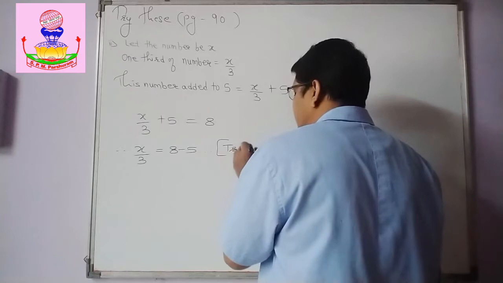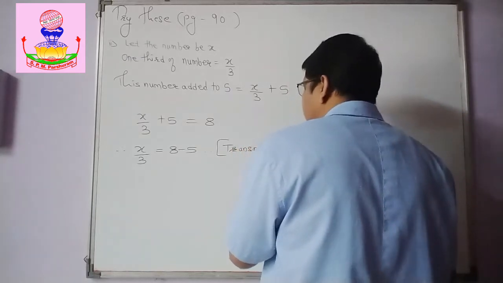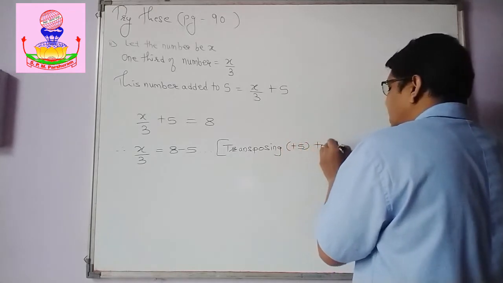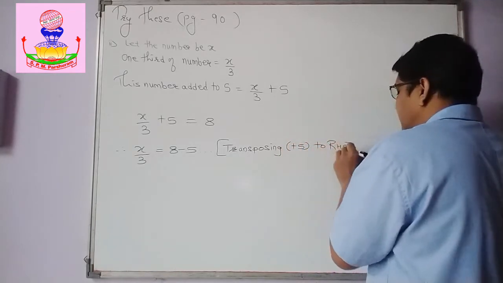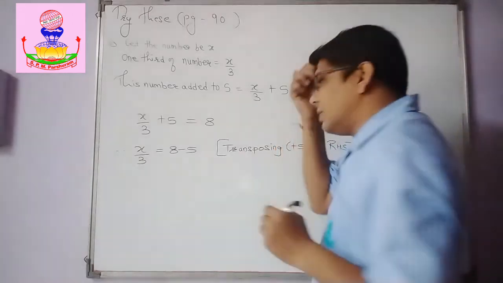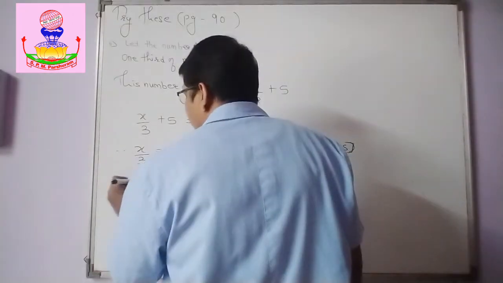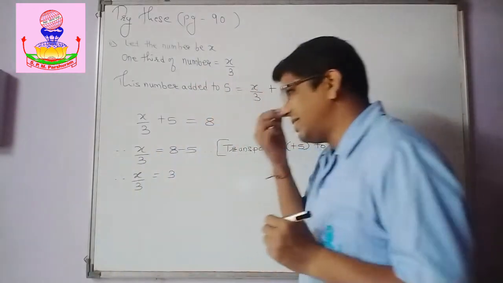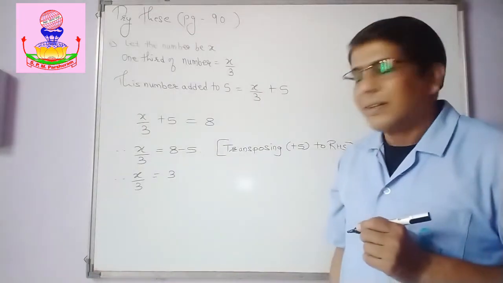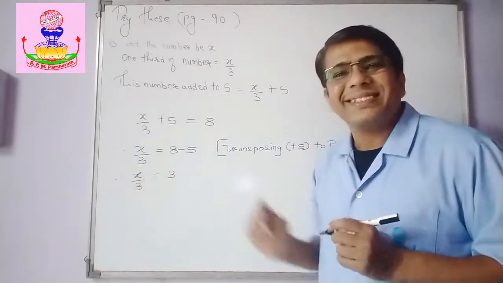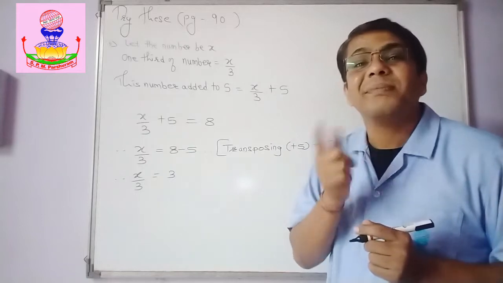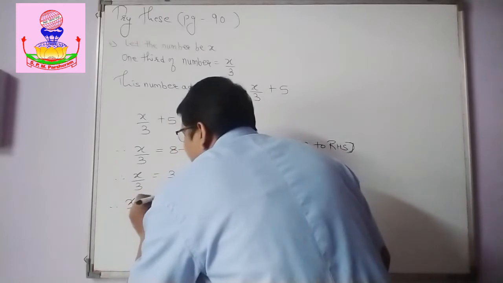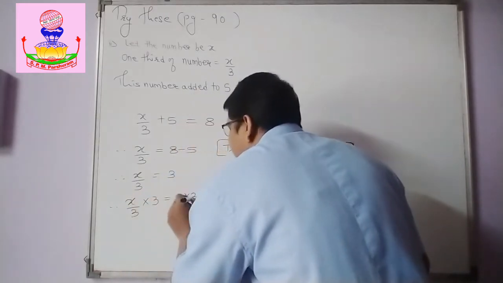Transposing plus 5 to RHS. Okay, so therefore x upon 3 is 8 minus 5, that is 3. Now here it is division, opposite of division is multiplication. So therefore x upon 3 multiplied by 3, that is equal to 3 into 3.